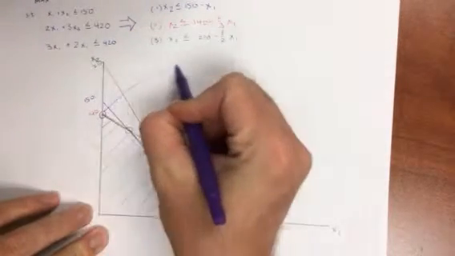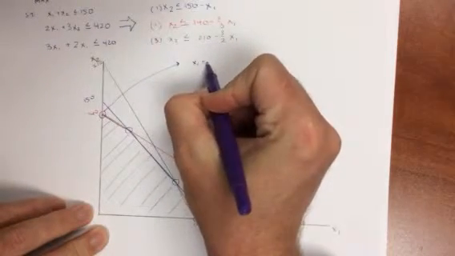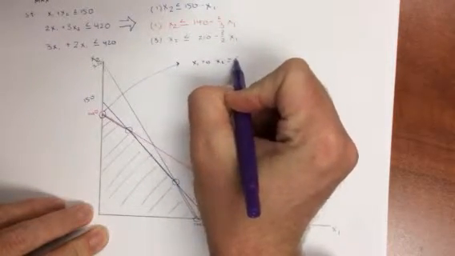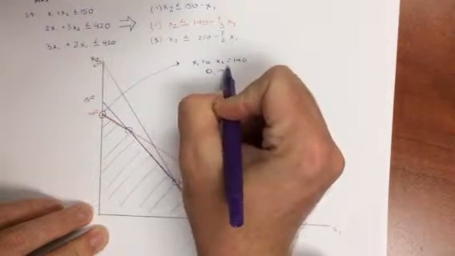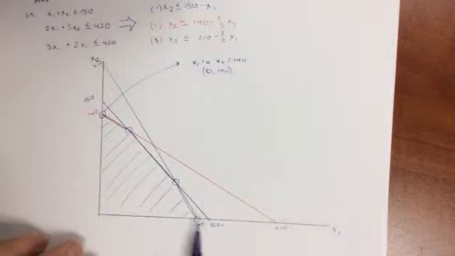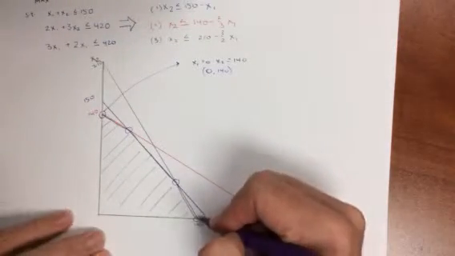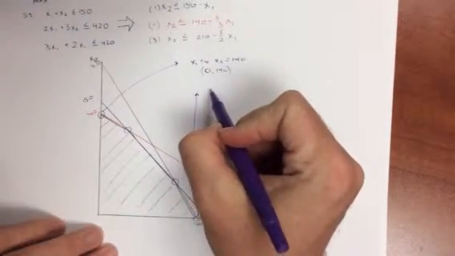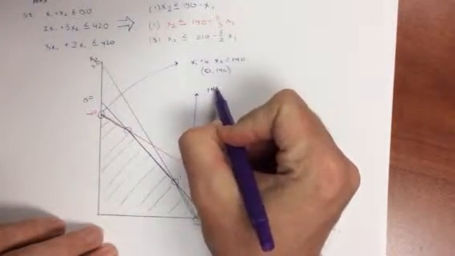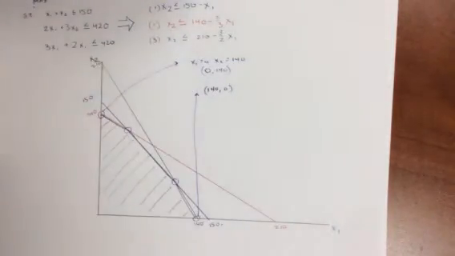Well, this point right here is simply x1 equals 0 and x2 equals 140, or we could rewrite that as 0, 140. So we produce no units of x1 and only produce x2. That's a possible solution. This point right here is also a possible solution, where we produce 140 units of x1 and no units of x2.